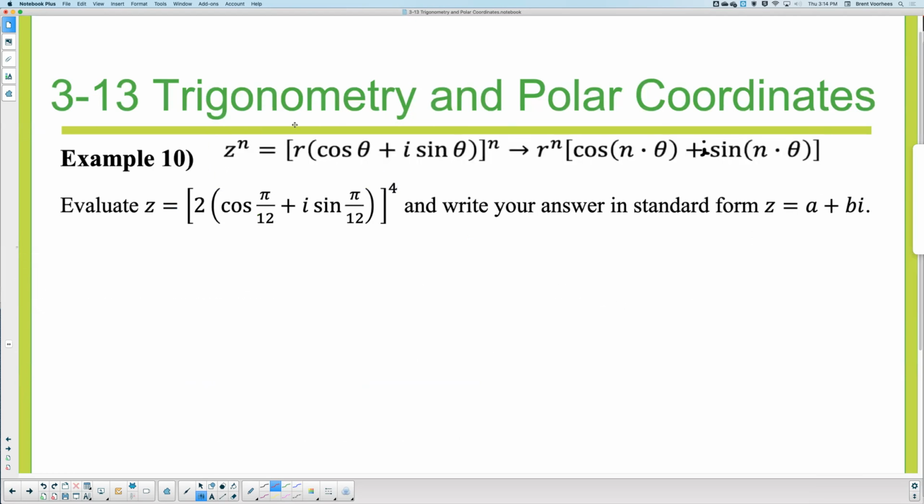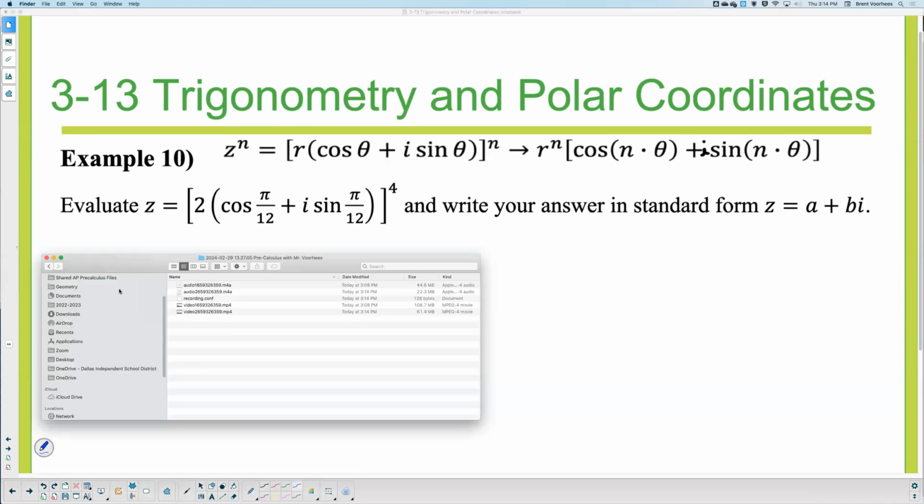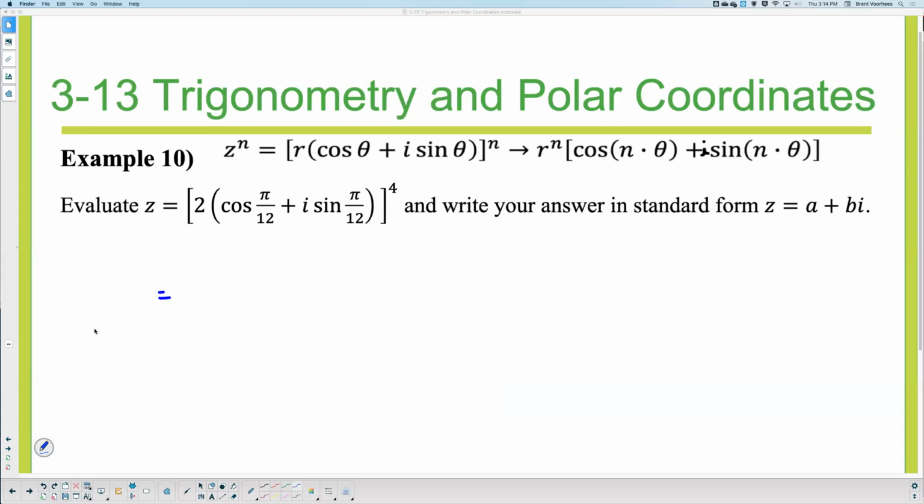Okay, so here's what I'm given. I'm given this form right here. And so what is that going to become? I can take the radius and raise that to the power. Here is my radius. And my n in this problem is 4. So it's going to be 2 raised to the 4th power.